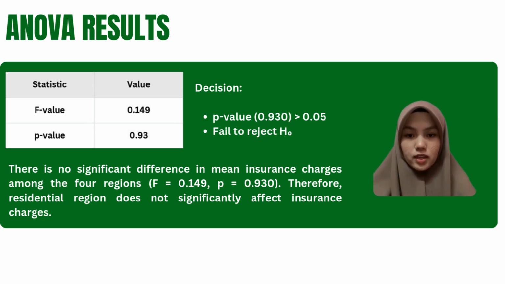Therefore, we conclude that residential region does not significantly affect insurance charge. This suggests that where a person lives is not an important factor in determining insurance charge within this sample.